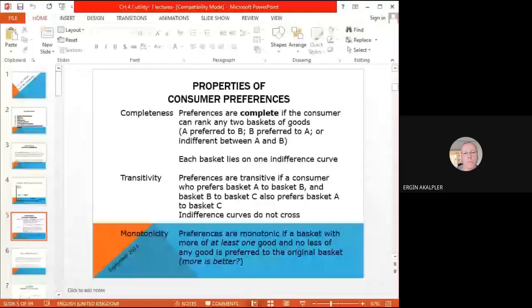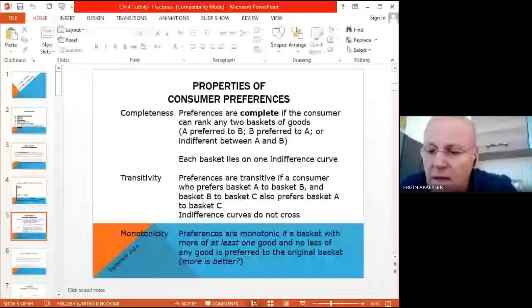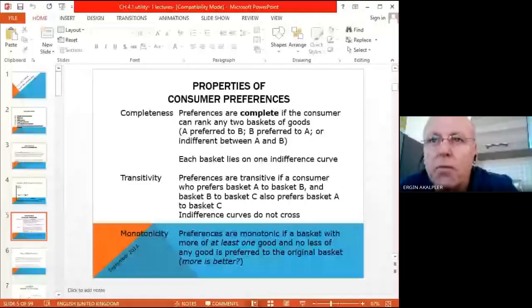The consumer preferences, as I mentioned before, are concentrated on completeness, where we are trying to rank any two baskets of goods, where B is preferred to A or A is preferred to B. Therefore, we are concentrating on these options as given in the combination to be able to create our best possible optimal bundle of basket.